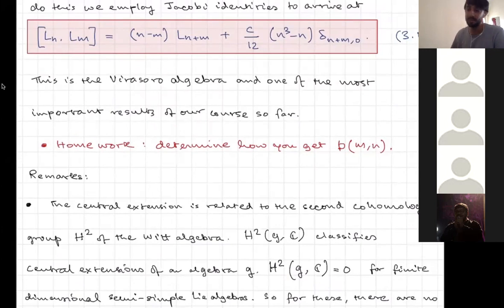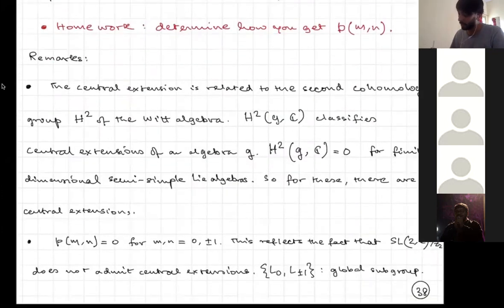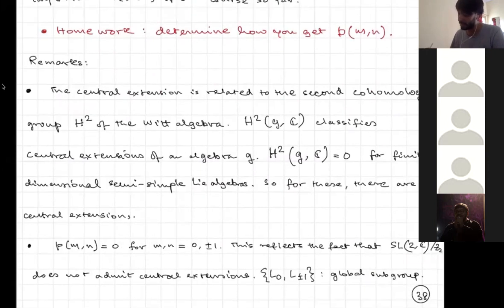You already know that this is going to be the SL(2,C) mod Z2. This is a reflection of the fact that this is a semi-simple finite dimensional Lie algebra, and hence this will not have any central extensions.